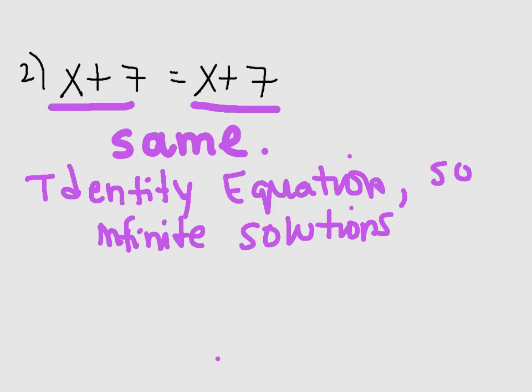I don't even have to show work. I don't have to show how the x's cancel out and it's 7 equals 7 or 0 equals 0. I can just look at it. I know they're identical, so it's infinite solutions and I'm done. Alright, let's move on to number 3.